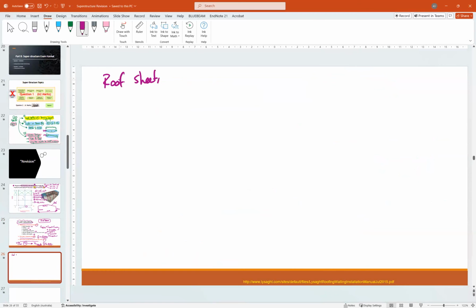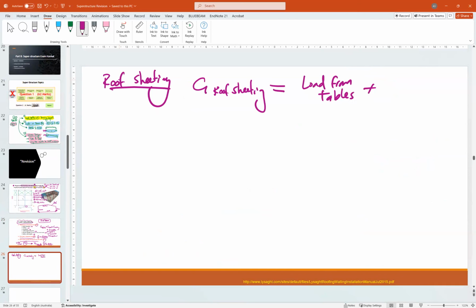For the roof sheeting, we need to find G roof sheeting. G roof sheeting will be equal to G load from tables multiplied by the load width of the rafter. One of the important things you need to show in the solution is the tributary area for the element you are designing.